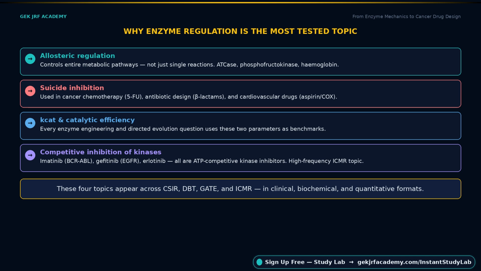Suicide inhibition appears in cancer pharmacology questions in CSIR, DBT, and ICMR. Turnover number and catalytic efficiency appear in every quantitative reasoning section. And competitive inhibition of kinases appears in ICMR clinical biochemistry questions regularly. 1 mechanistic framework. 4 different examination formats.